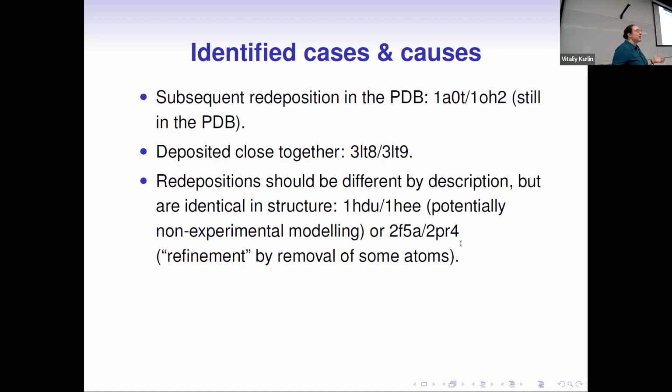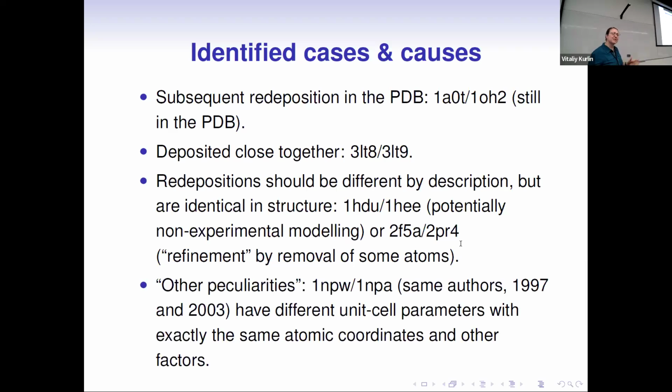Maybe one of them is a different and real structure, but having 2 of them in the database is questionable. And most of them, unfortunately, fall into quite a substantial cluster of other peculiarities, which means that it's even hard to see what can be done in that direction to avoid those cases.